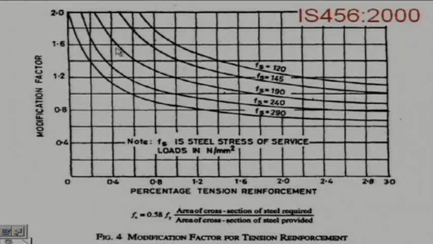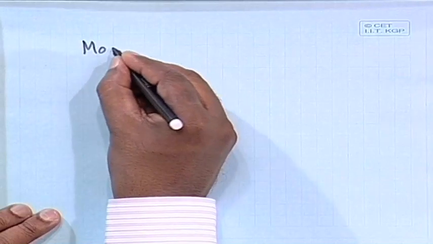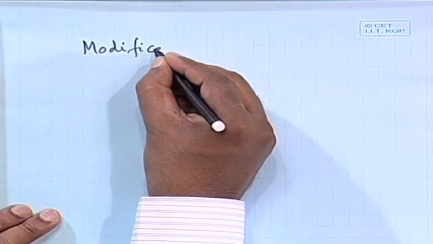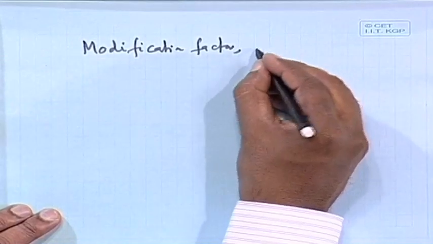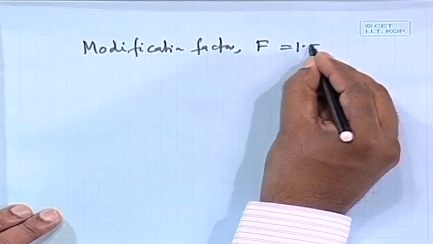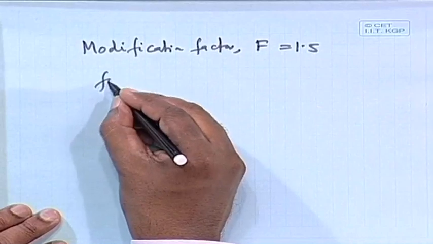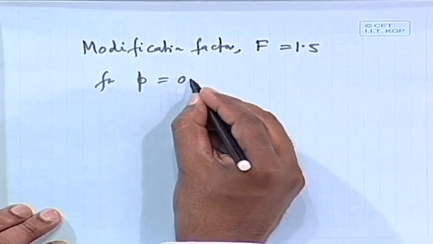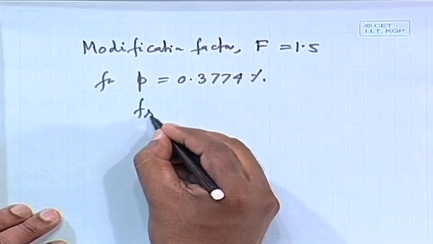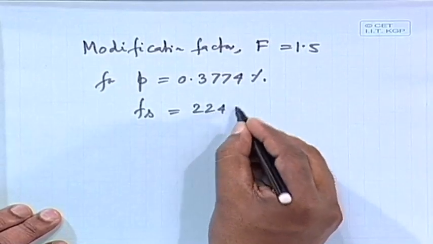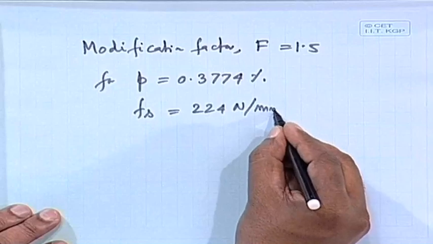So, modification factor for P equal to 0.3774% and Fs equal to 224 Newton per square millimeter.